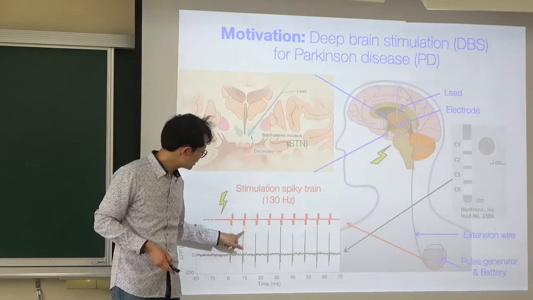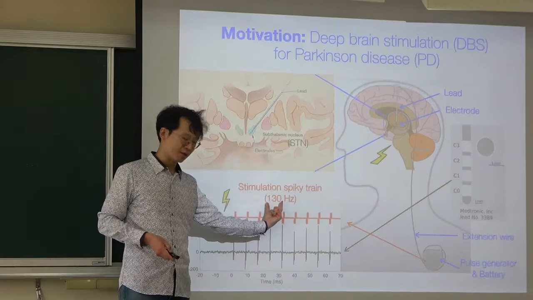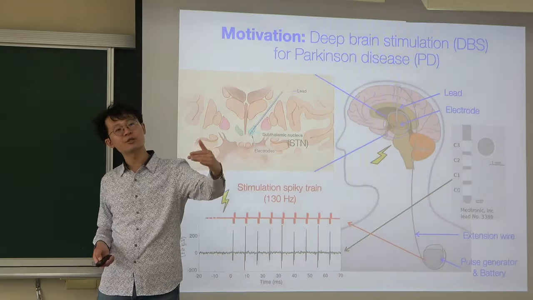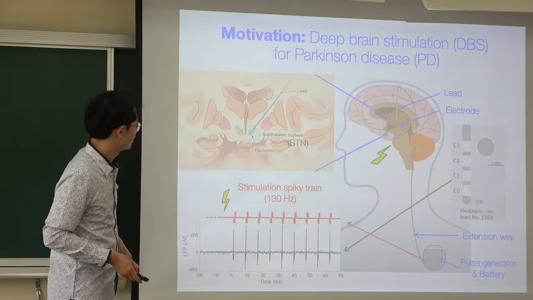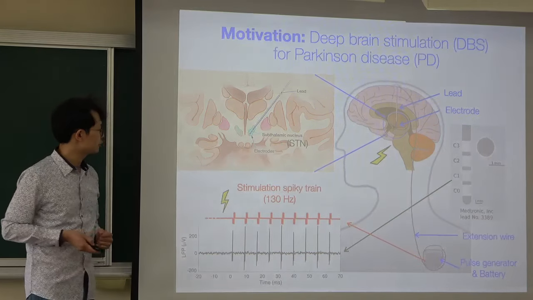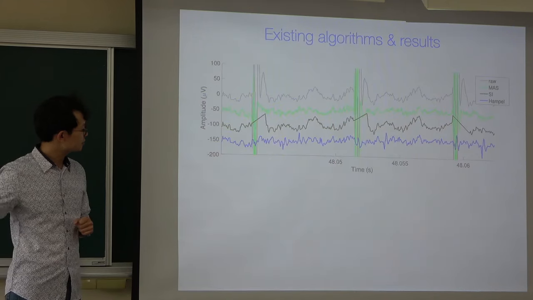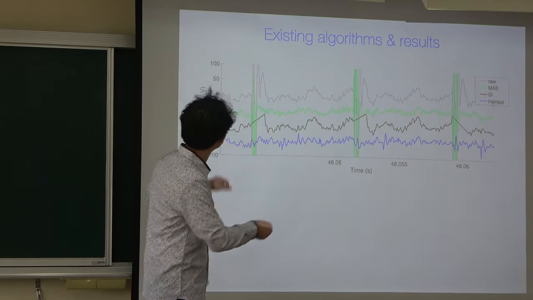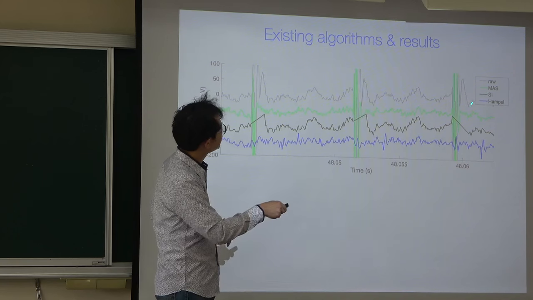But because of this spiky oscillatory pattern, the contamination of the stimulation artifact is not just at 130, it will be also at 260, 390, all the multiples. And so this has been a problem that kind of bothered researchers for a while, and there have been quite a lot of algorithms trying to resolve it. For example, the top one, this is the raw local field potential signal, and there have been several algorithms.